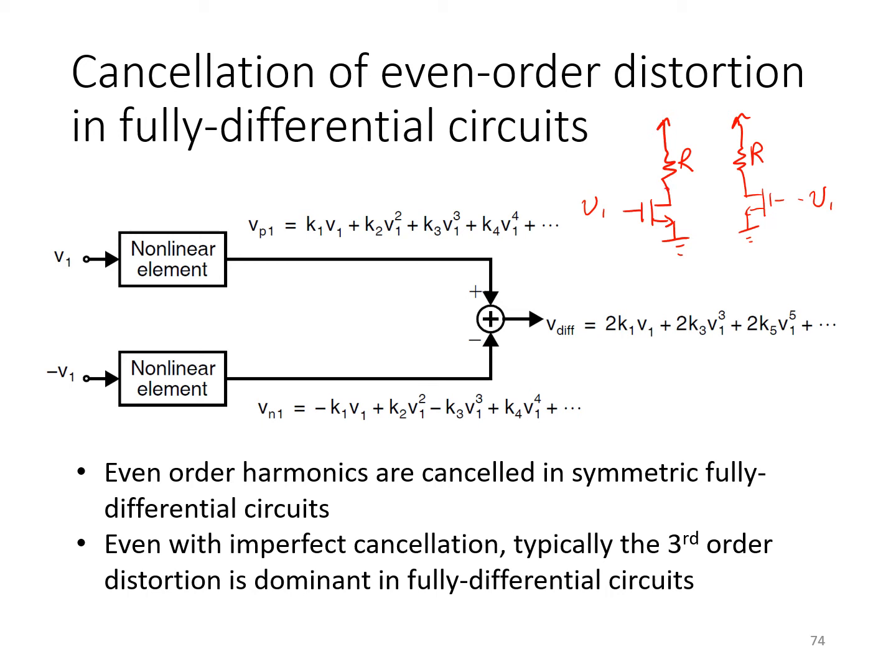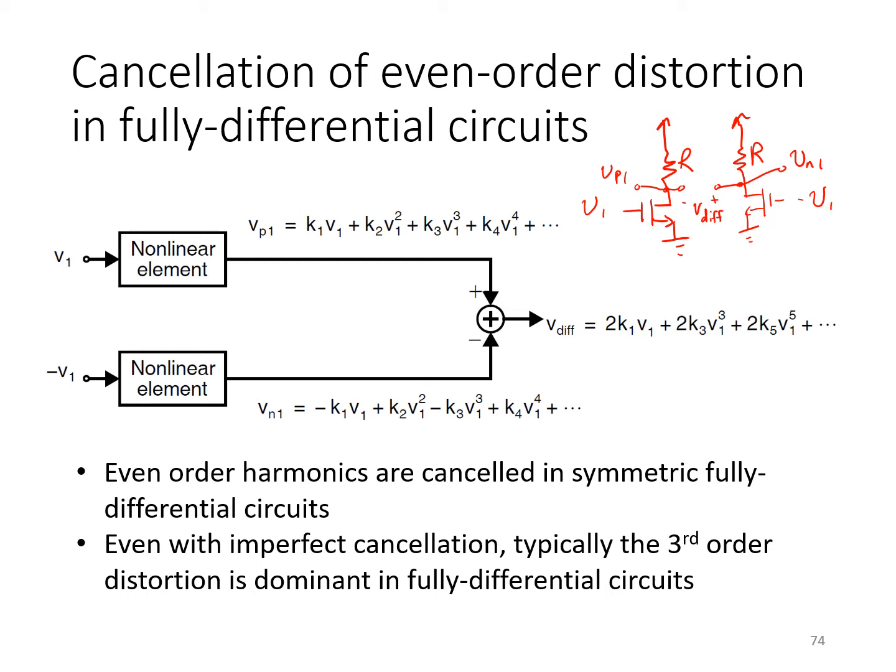And then, again, in a fully differential circuit, we take the output as the difference between the outputs of these two half circuits. So in this case, let's call the output VDiff. So over here, we've got 1/2 the output, and over here, the other half of the output.